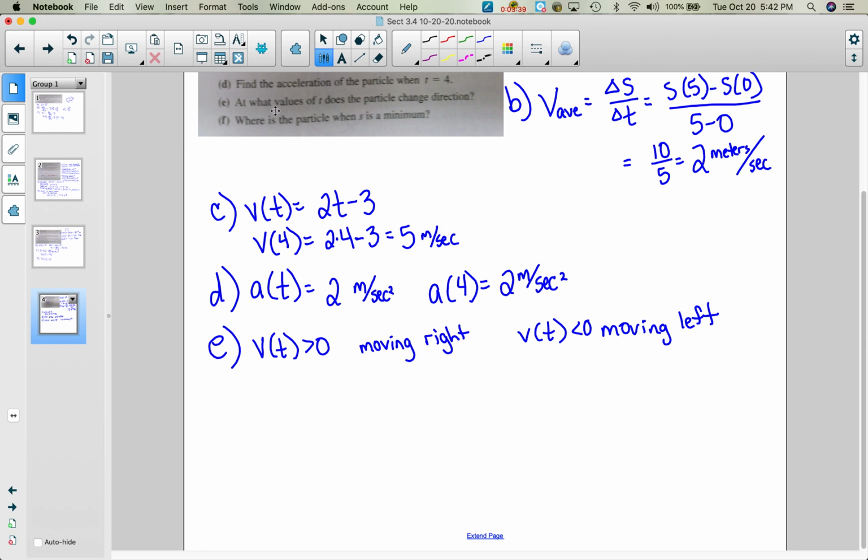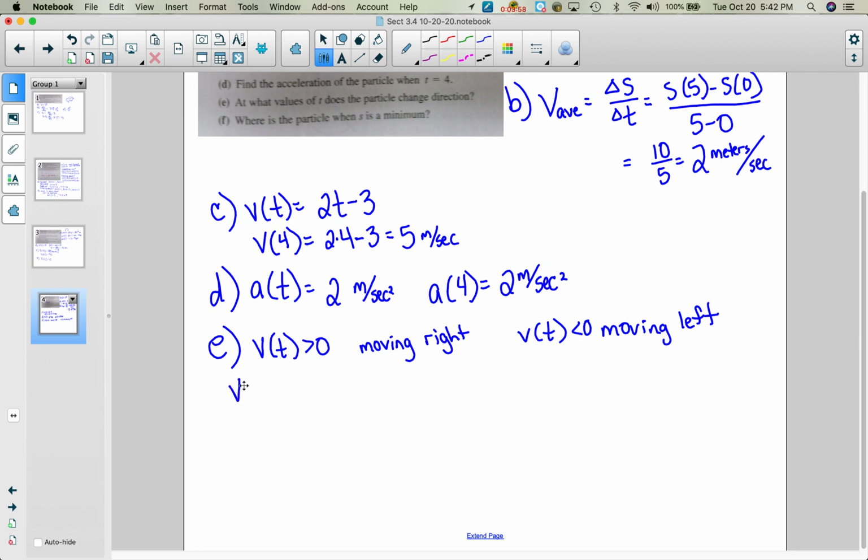So at what values of t does the particle change directions? Well, it changes directions when it goes from moving right to moving left, or from moving left to moving right. So when it switches from being positive to negative or from being negative to positive. So that's what we're looking for.